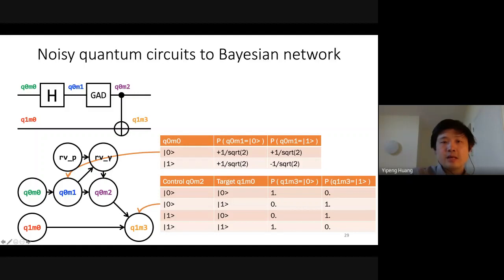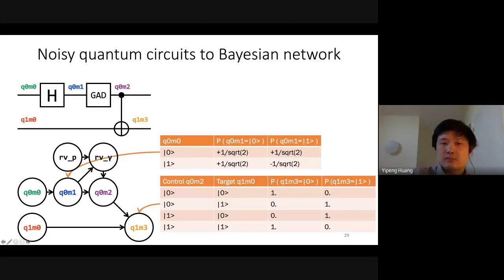And so it would have been nice if there were a type of representation that captures both the real valued probabilities and also the complex valued quantum amplitudes. And what we propose is exactly that type of representation here. So this is a quantum Bayesian network representation of the quantum circuit that we have up here. So we translate from here down to here.